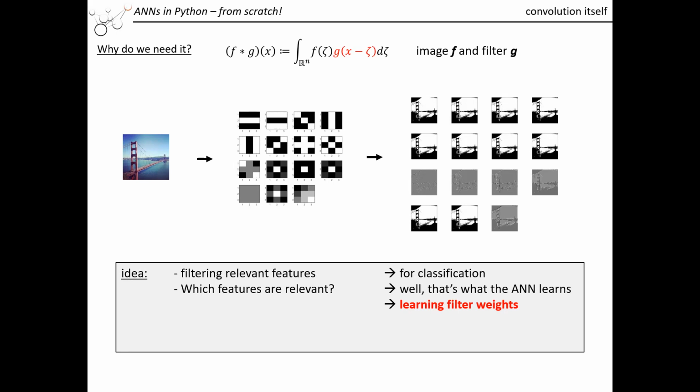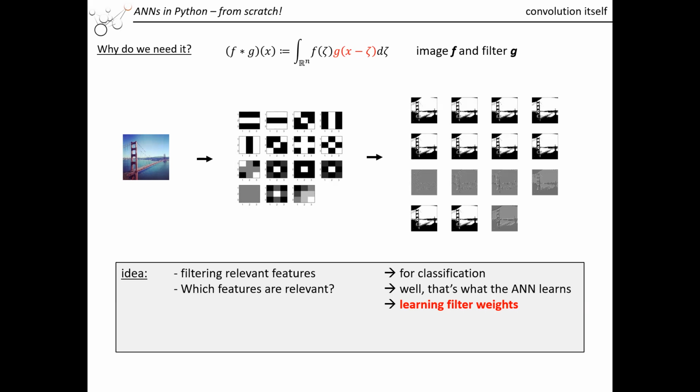So the idea is that those filters are not given. We start with a random set of numbers. And during the optimization process, the network learns which of those features are relevant, and it changes the filter values accordingly. So the filter values are fully equivalent to the weights we had in our neurons before. And that's the whole idea.